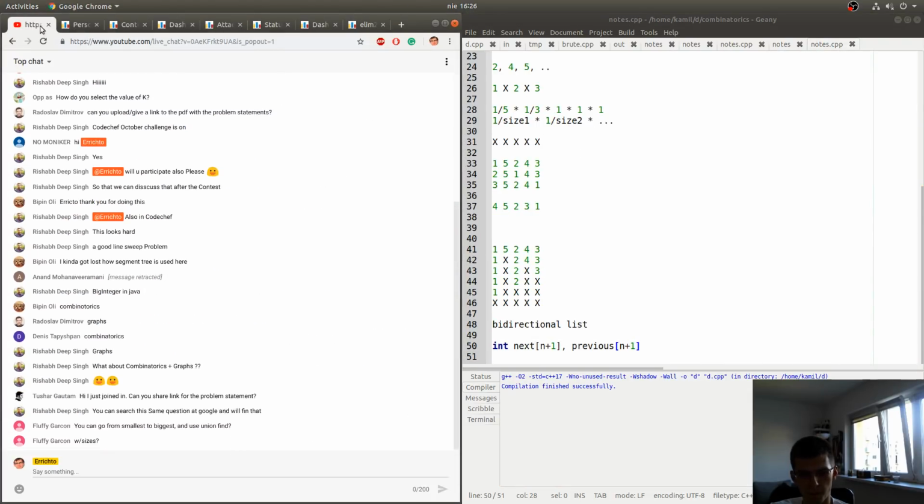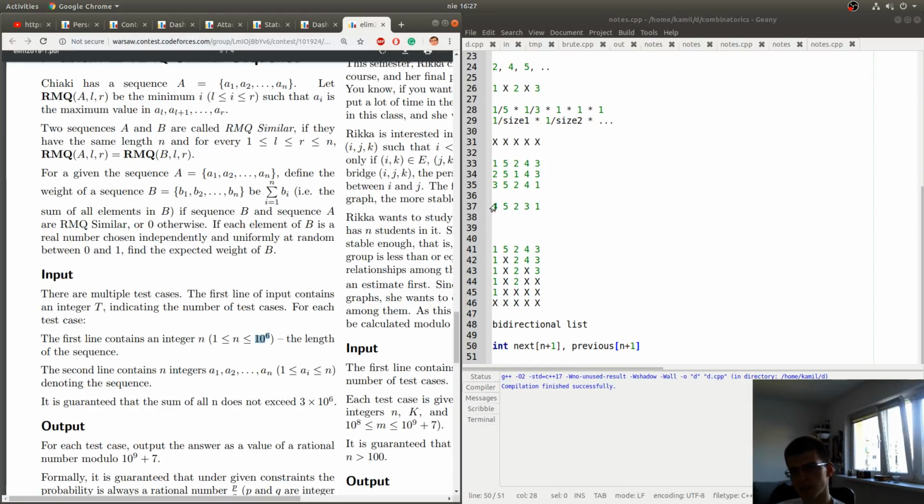You can go from smallest to biggest and use union find with sizes. I'm not sure if it's obvious. Union find by default has some extra log in complexity, maybe log star, maybe some small log, but it's possible to do this union find thing without log, implementing bidirectional list. This is like some special case.